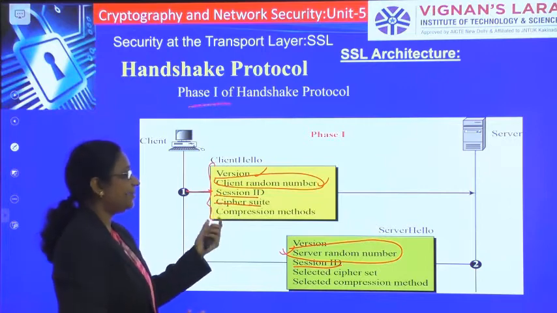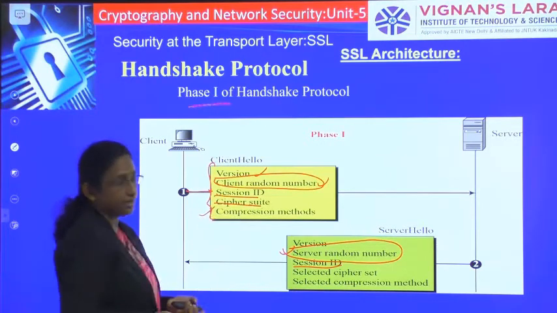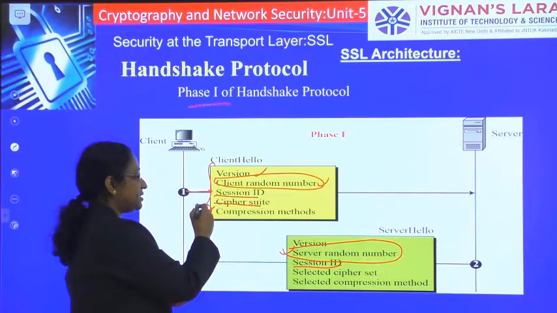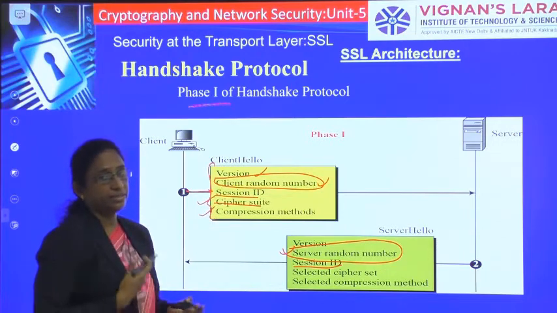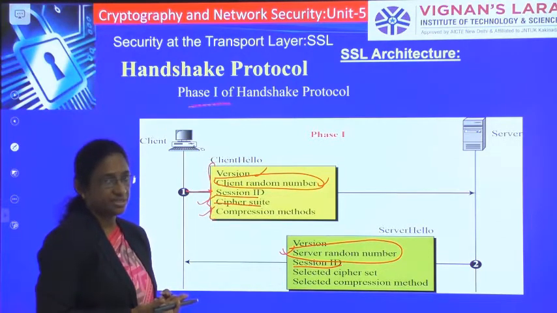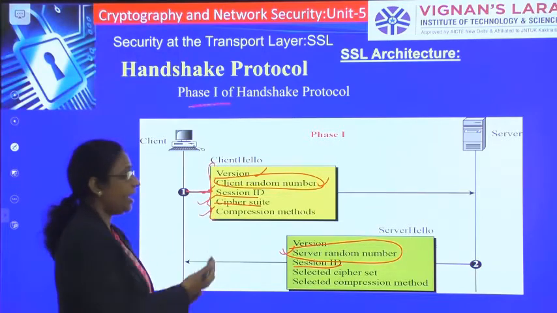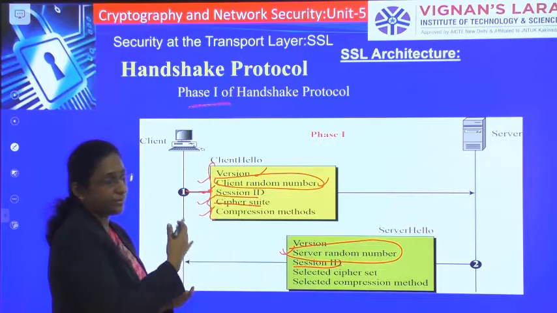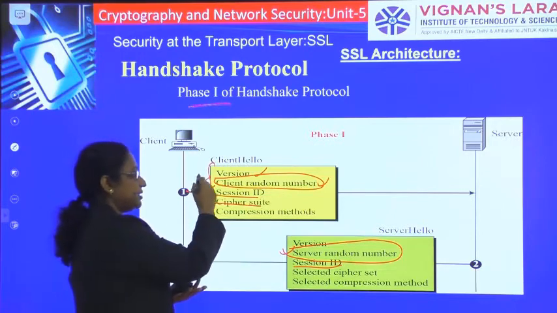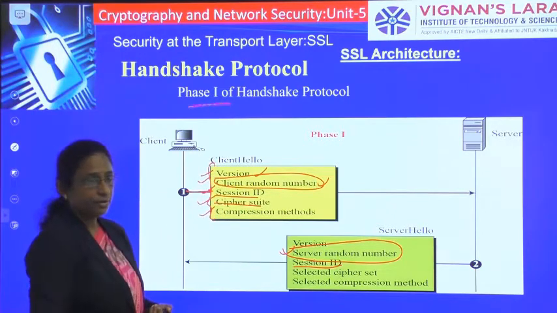So the client will be sending the compression algorithms it wants to use, the encryption algorithms, hash algorithms and key exchange methods, the ID for that particular session, a random number, and also the version.